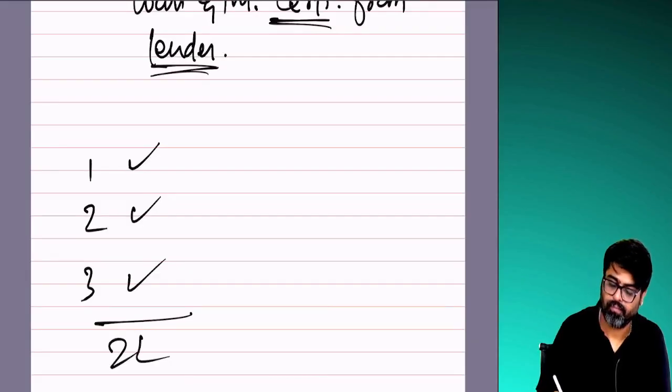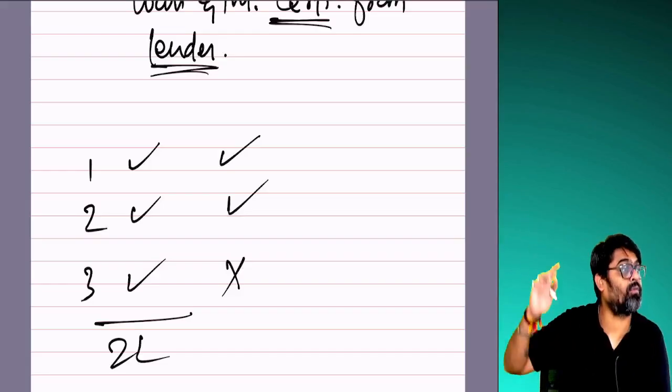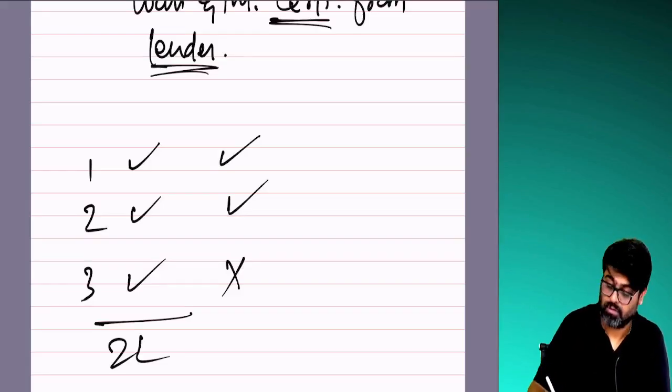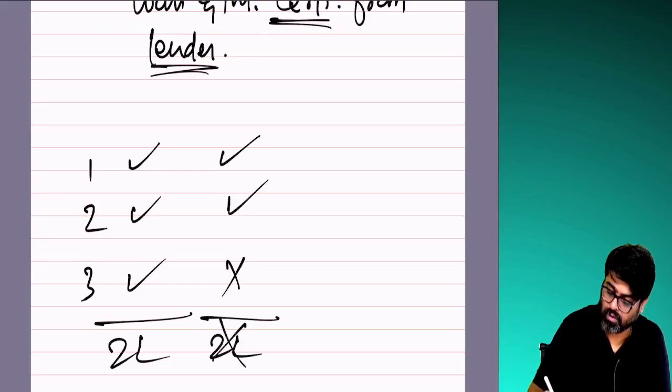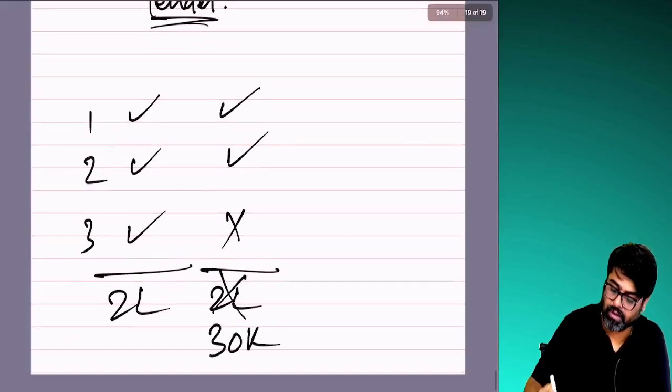If 1 and 2 are satisfied but 3 is not satisfied, construction took more than 5 years, then will the limit be 2 lakhs? No. Then you can take the limit of 30,000.